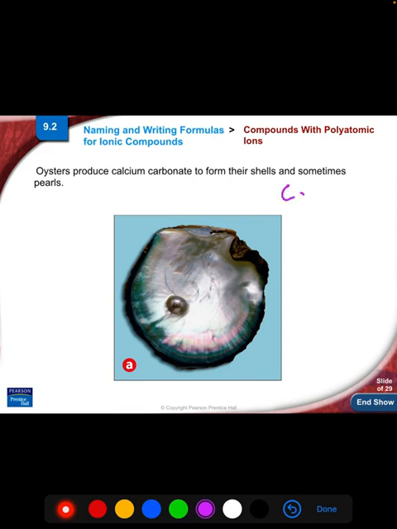Anyway, the calcium is a 2+, and the carbonate is a 2-. So calcium carbonate is simply written like that. You don't have to put the parentheses around it because the 1 is understood, okay? But it is written calcium carbonate like that without the parentheses.